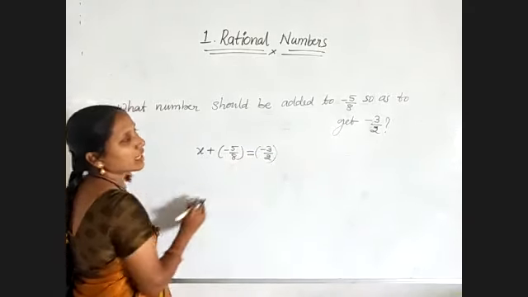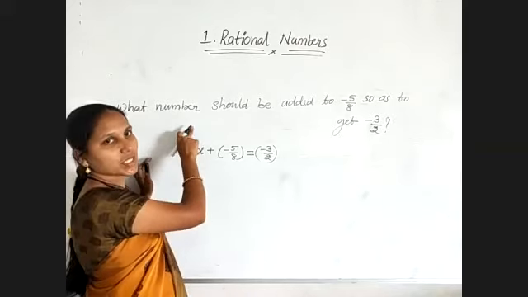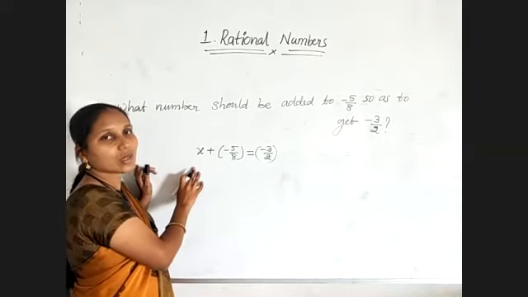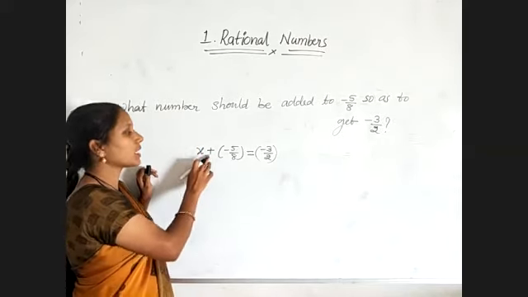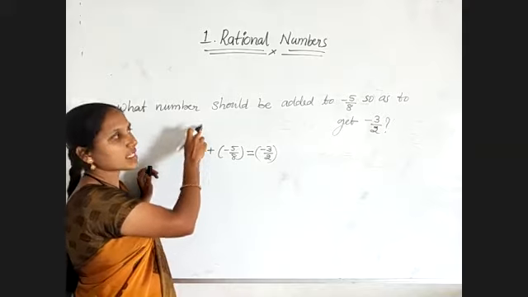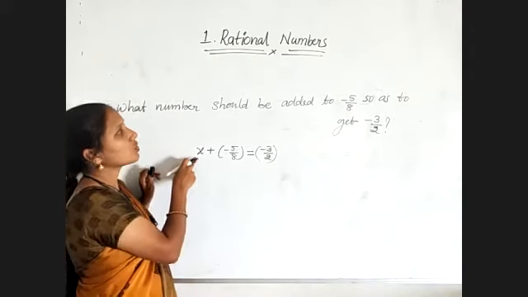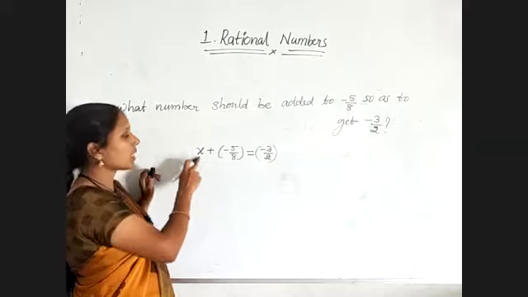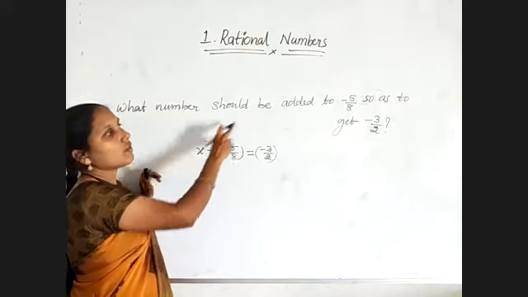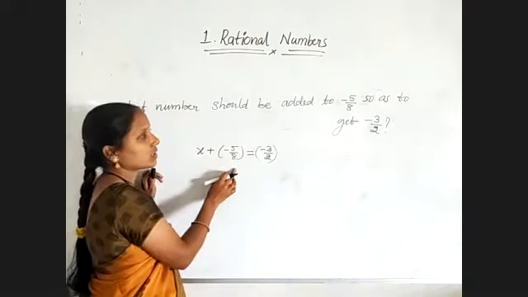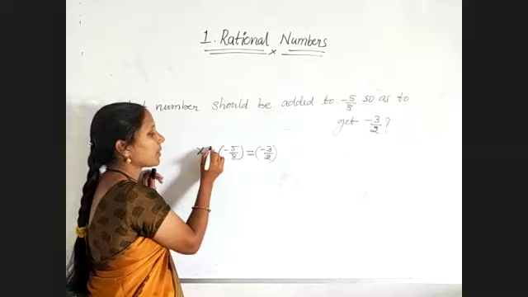So whenever they give word problems like this, try to write the statements in equation form by taking a variable. So what is the unknown value? Take it as the variable, any variable. So what number are they telling? That number I am taking as x. One of the numbers is minus 5/8. Added means a plus.